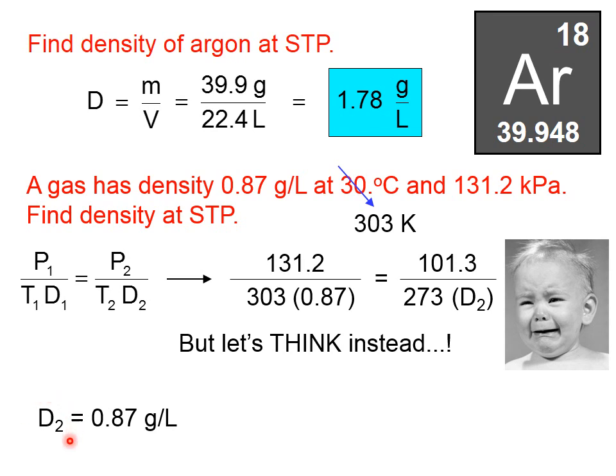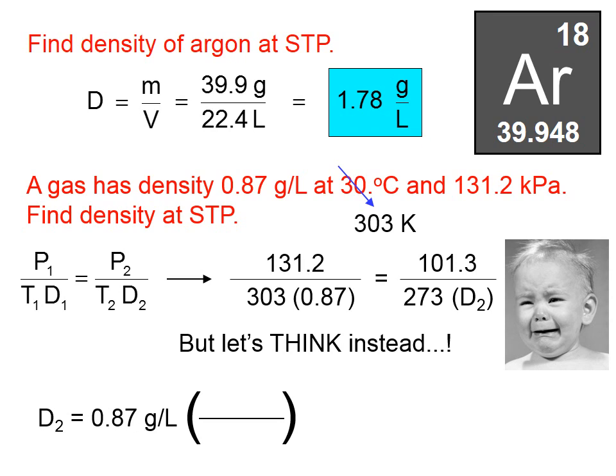We need a new density, so we set it equal first to the initial density. Then we put a fraction, and we're going to put in this fraction either the 303 Kelvin on top or bottom and the 273 Kelvin in the other place. Let's ask ourselves, right? Let's think. The temperature goes from 303 to 273.